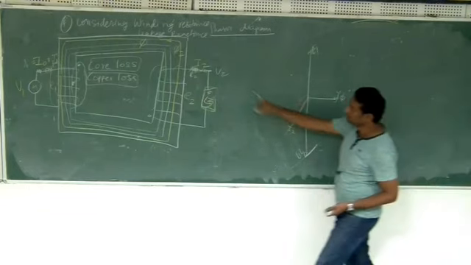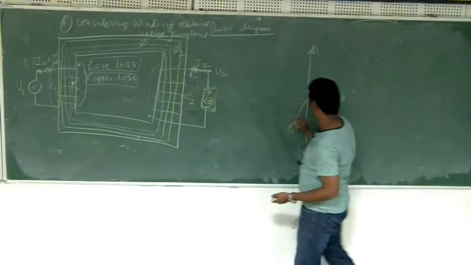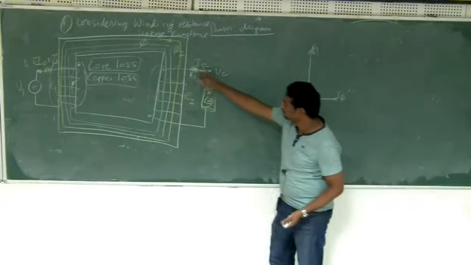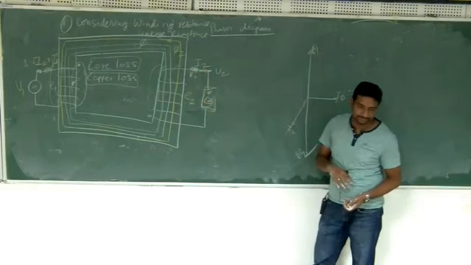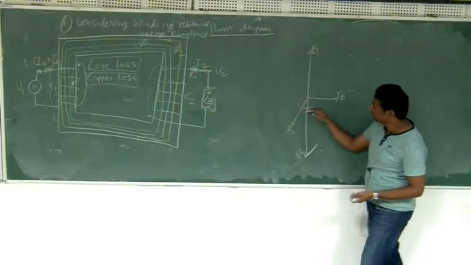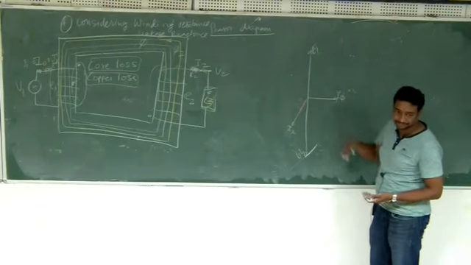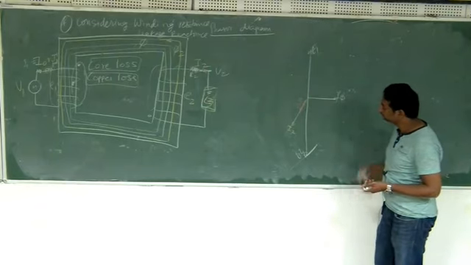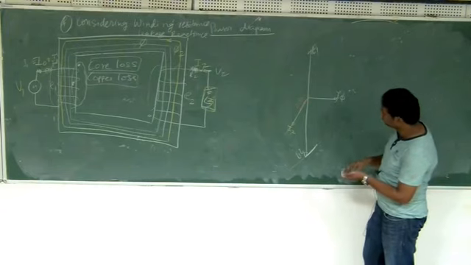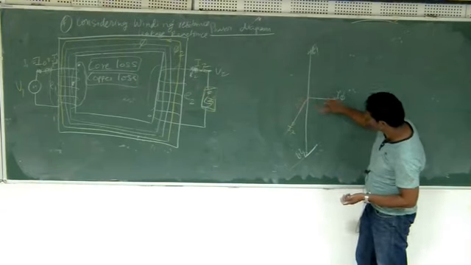So this I2 into R2 is this drop. What is I2 into X2? That also has some voltage drop. Will that voltage drop be leading or lagging? Will it be like this or like this?